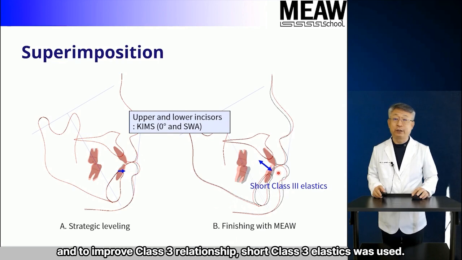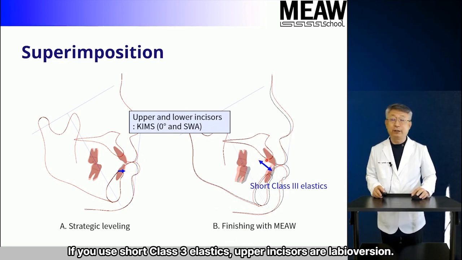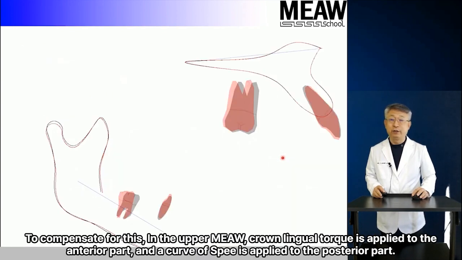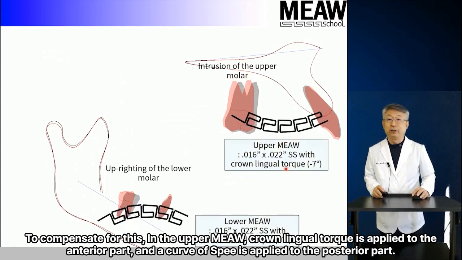And to improve the class 3 relationship, short class 3 elastics were used. If you use short class 3 elastics, the upper incisors become labioversion. To compensate for this, in the upper Meo, crown lingual torque is applied to the anterior part, and a curve of SPI is applied to the posterior part.